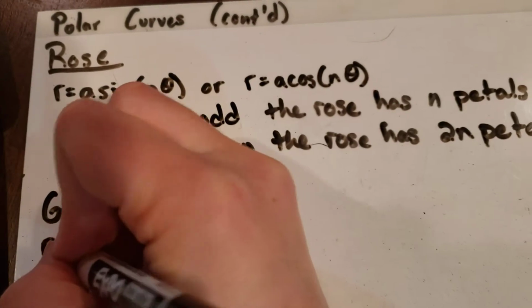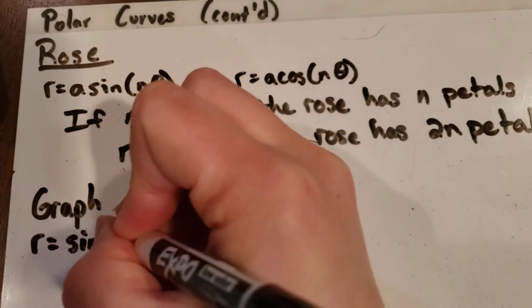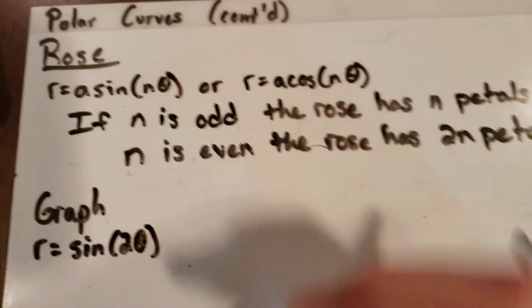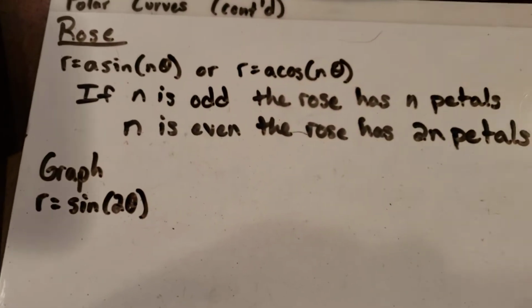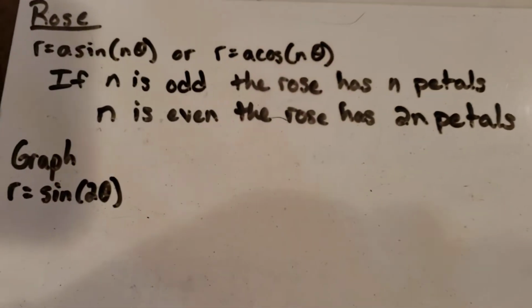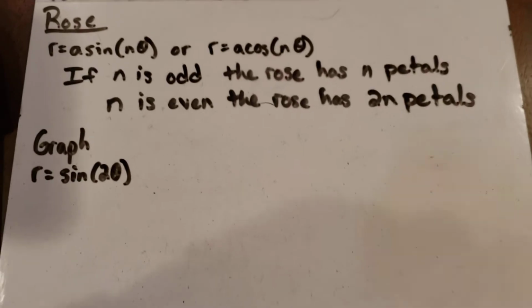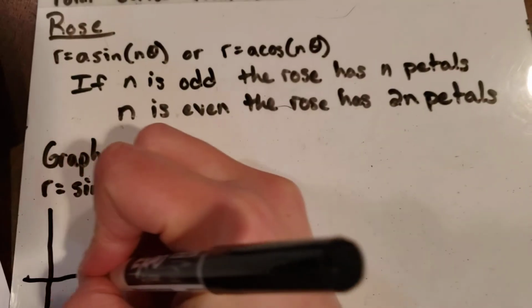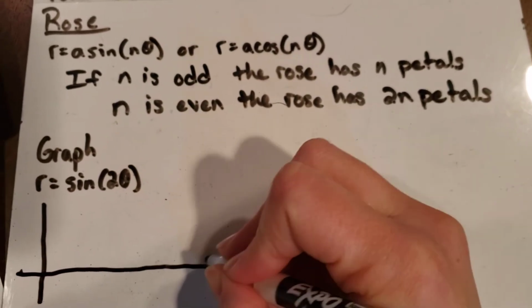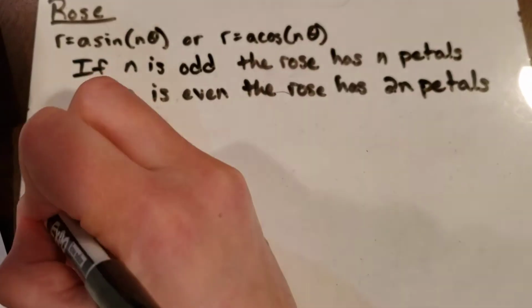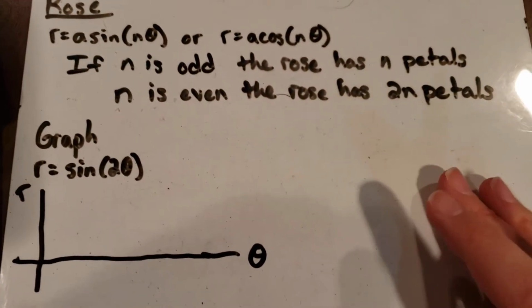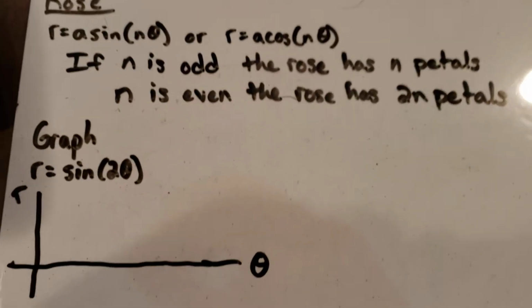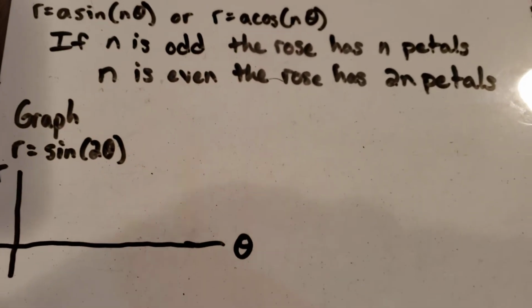Let's do r equals sine of 2 theta. Now, when you don't know at first what type of polar it is, what you do is what we've been doing so far, where you graph it, where we put theta here, we put r here, and what we're looking for is the relationship of when theta is a given measure, what is r?